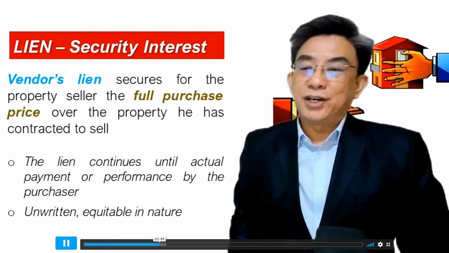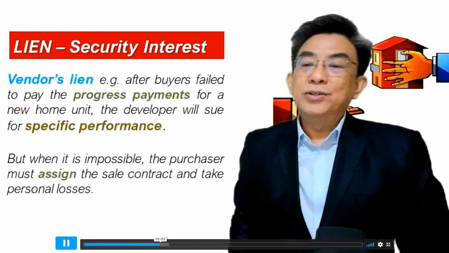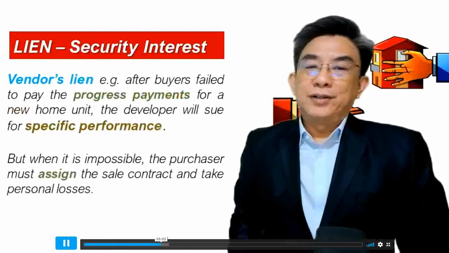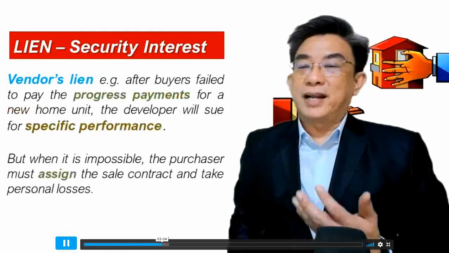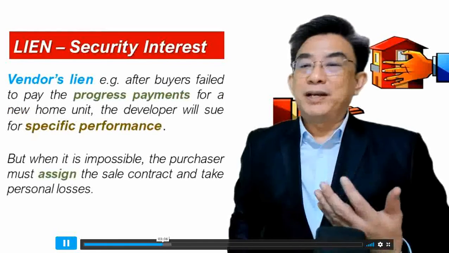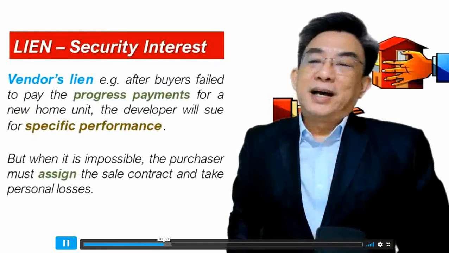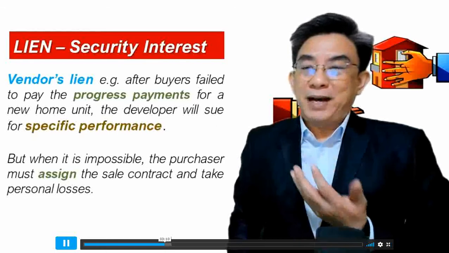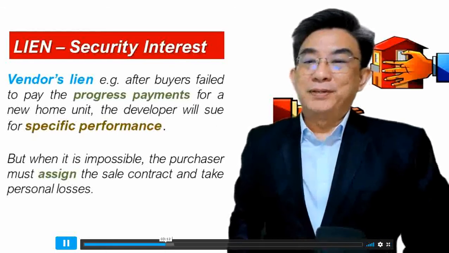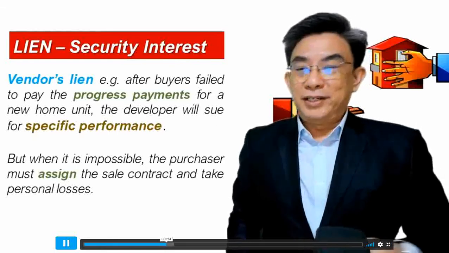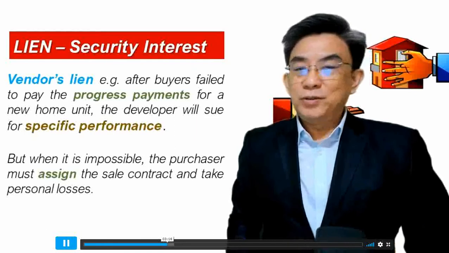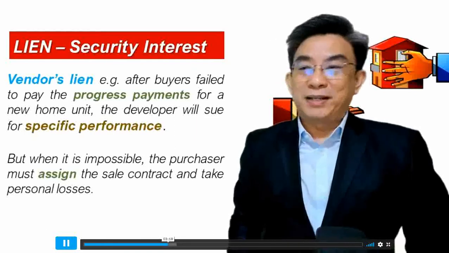Now, let me use a new home purchase as an example to explain the developer's right. After the buyer fails to pay the progress payment, usually the contract says that you can take back the condo.